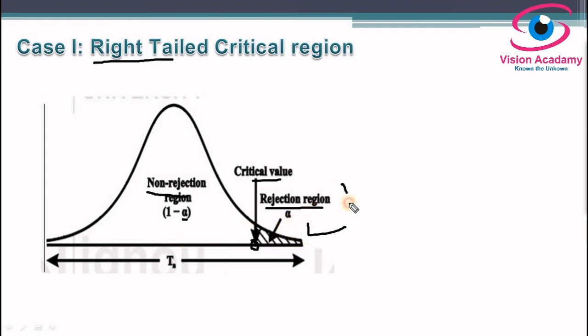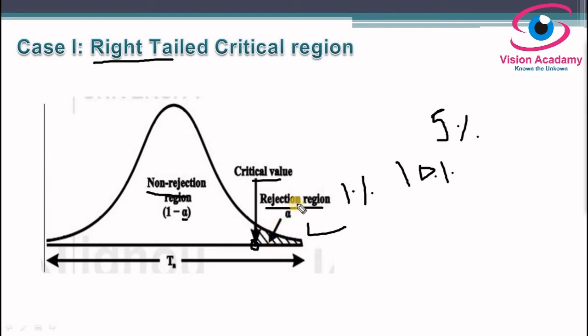For example, 1% significance level, 10% significance level, 5% significance level. Normally we test our hypothesis at the 5% significance level. This 5% significance level is alpha and the remaining 95% is the confidence interval. And this shaded area is alpha.